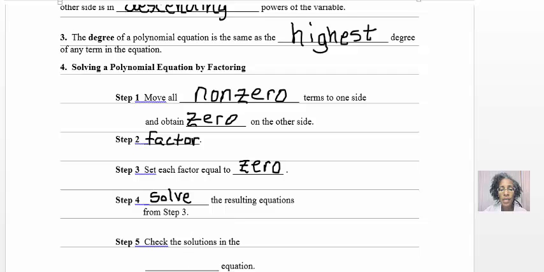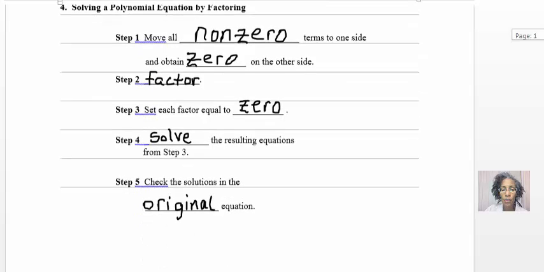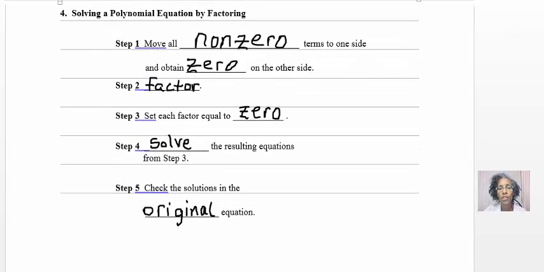And step 5 is to check the solutions in the original equation. So remember, you don't want to go back to some equation that you've changed or altered, but you want to check those solutions in that original equation. So that's our 5-step process of solving a polynomial equation by factoring.